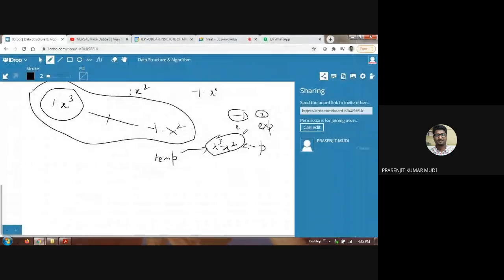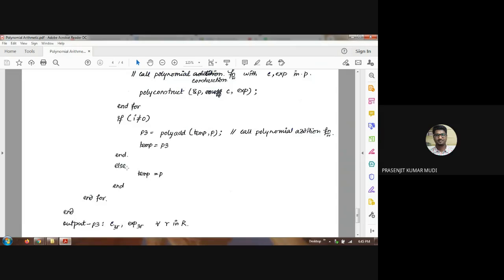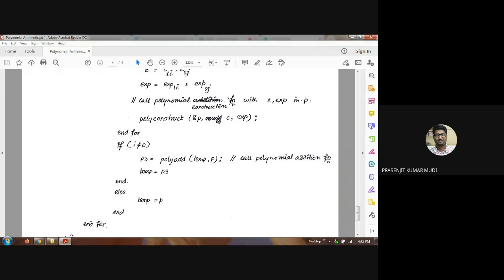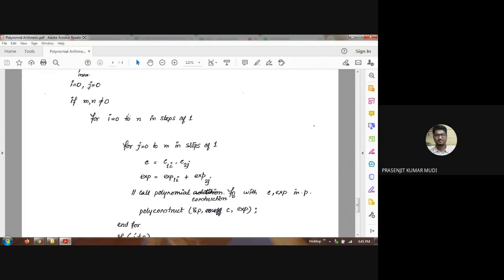How will you store this polynomial? These are actually pointers, so using linked list you are storing these polynomials. So else temp equal to p for the first time when i equal to 0, end for. Now coming to second iteration of the outer for loop, when i becomes equal to 1, and again j will be from 0 to 1, two times this for loop will be executed, right?